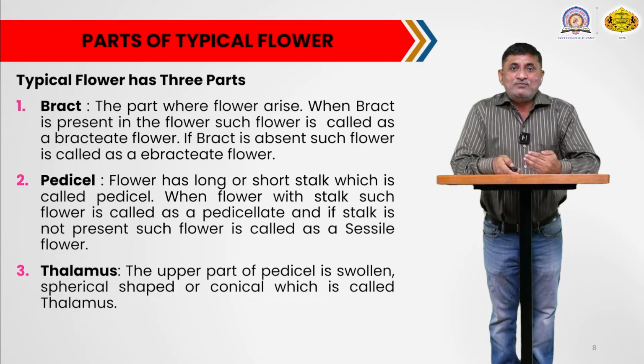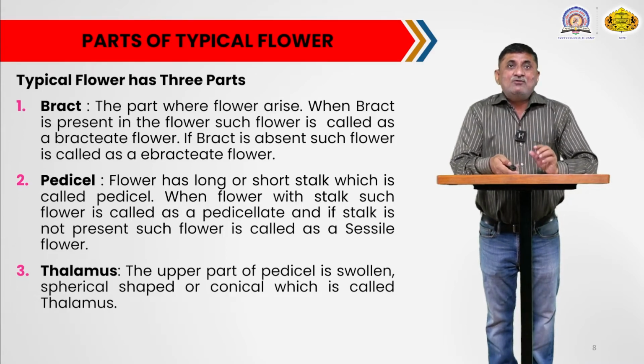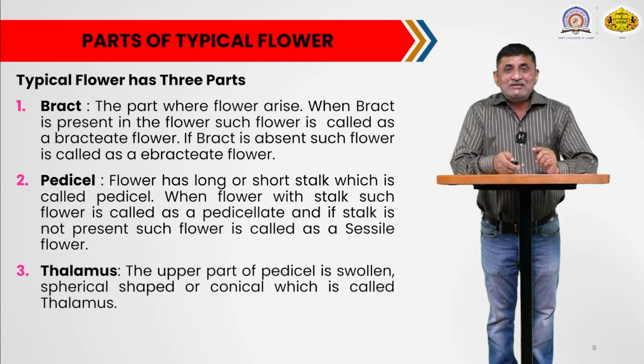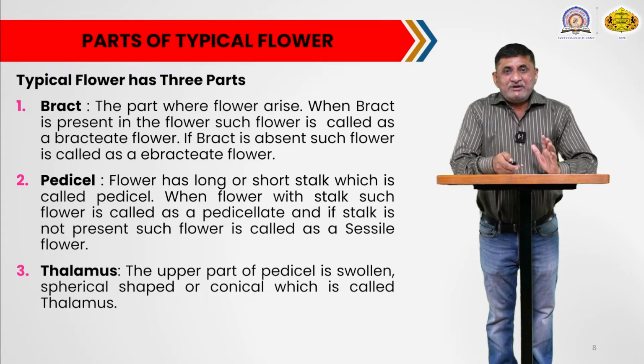Then the second part of a flower is the stalk on which the flower rests. That stalk-like structure of a flower is called a pedicel. A flower has a long or short stalk, which is called a pedicel.